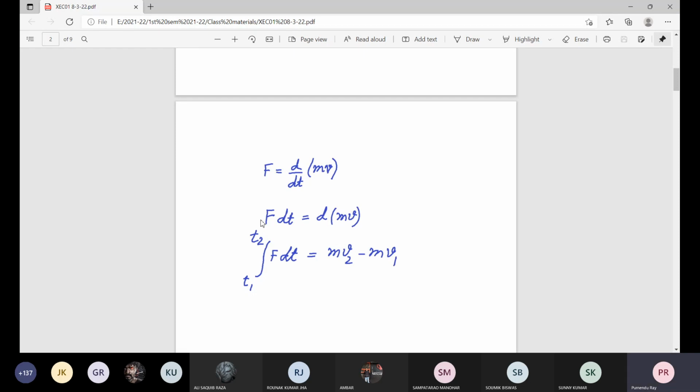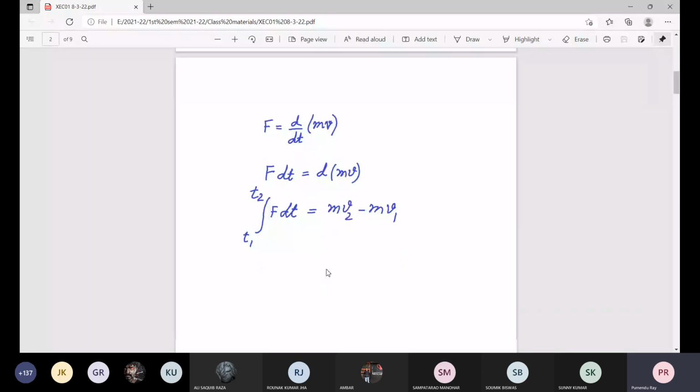Now, for a very small time duration, if there is any force acting in that system, or if some force versus time graph is given, there we integrate or calculate graphically the area. It will be the net change in momentum from initial configuration to the final configuration.